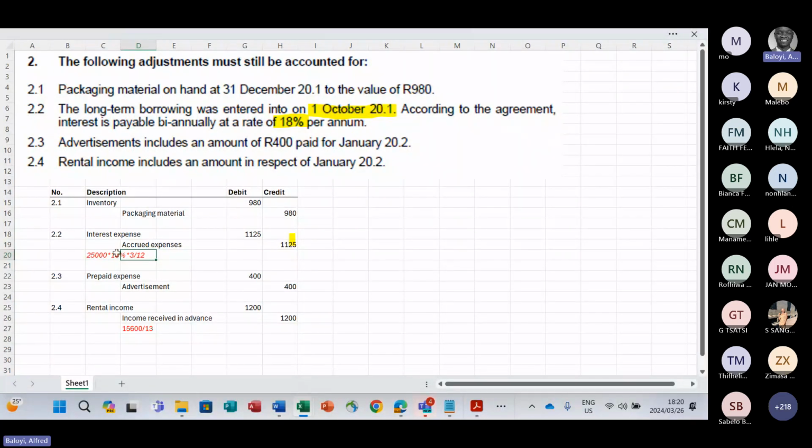Because the interest is outstanding, that's an expense that's not paid for the period. It will go to accrued expenses. So you create an additional expense which goes to accrued expenses. I hope that makes sense. It will be paid in the next financial year. Oh, okay. Thank you.